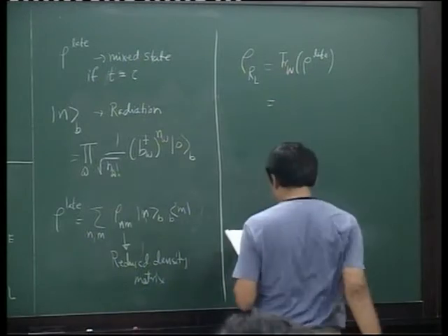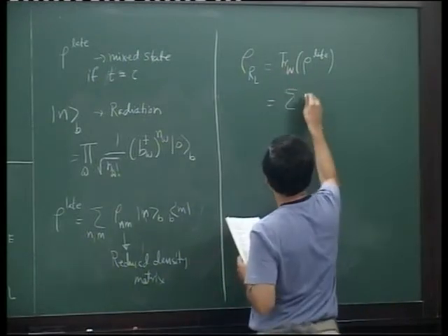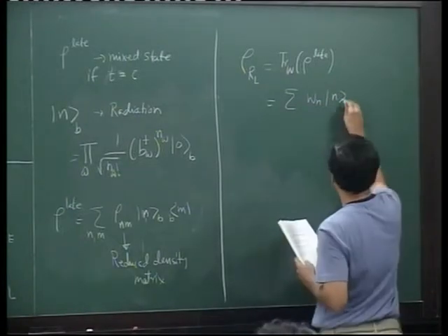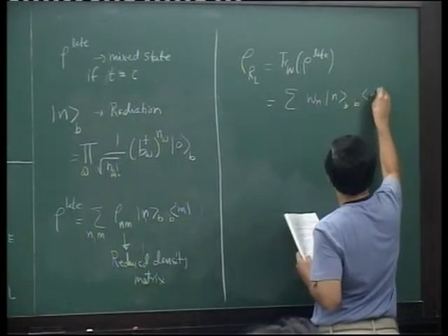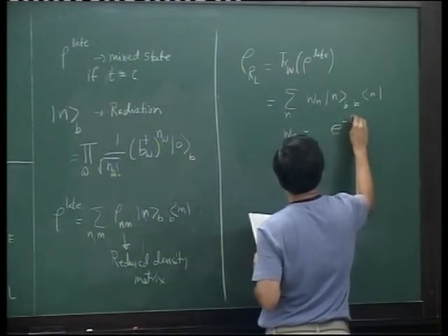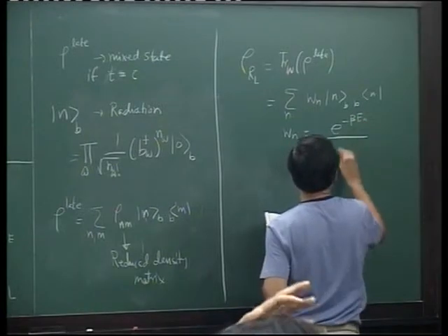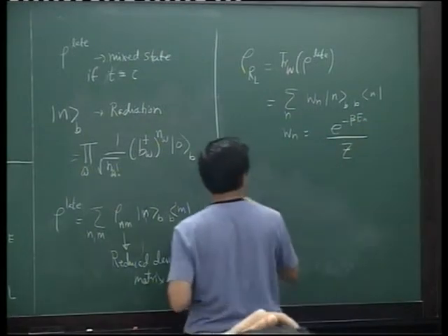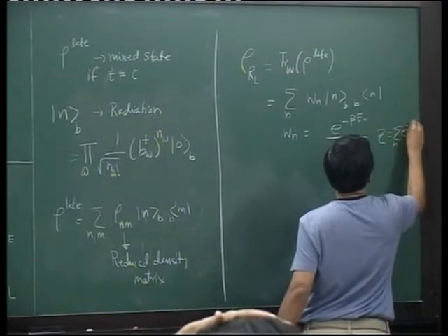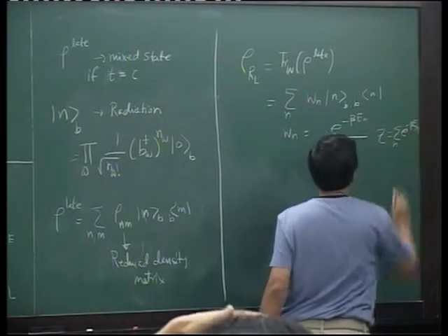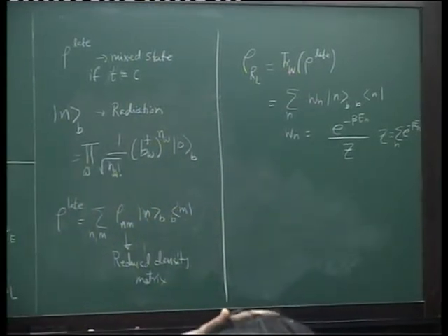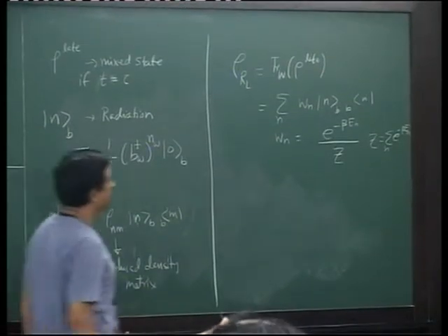That quantity can be written down as, where Wn is basically e to the minus beta En upon, say, Z, where Z is a sum over n. Beta is of course the temperature.